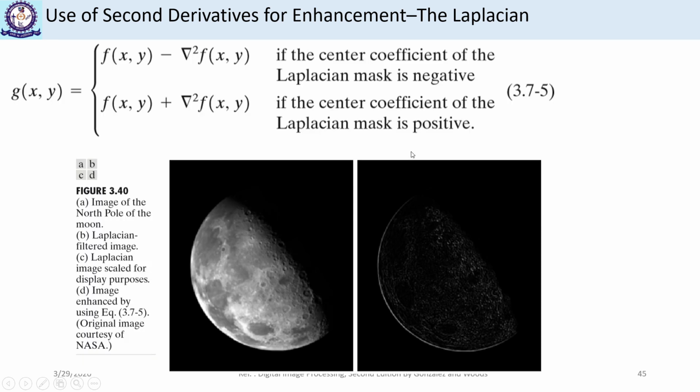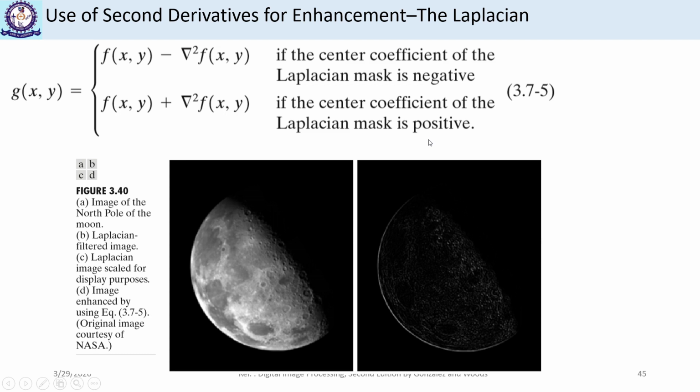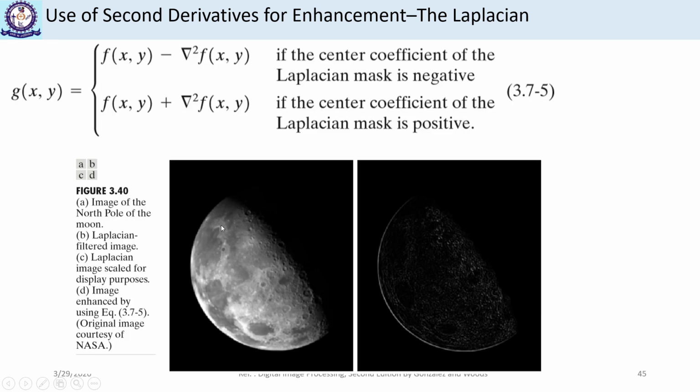That means when we add these two images, we get this enhanced image. Here you can clearly see the details, you can identify the edges and the regions very properly, which are not clearly visible in the original image. So this is how we can use Laplacian filters in image enhancement.